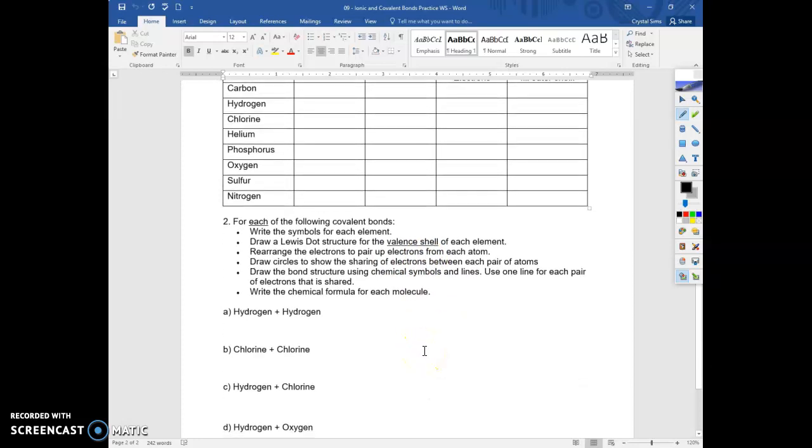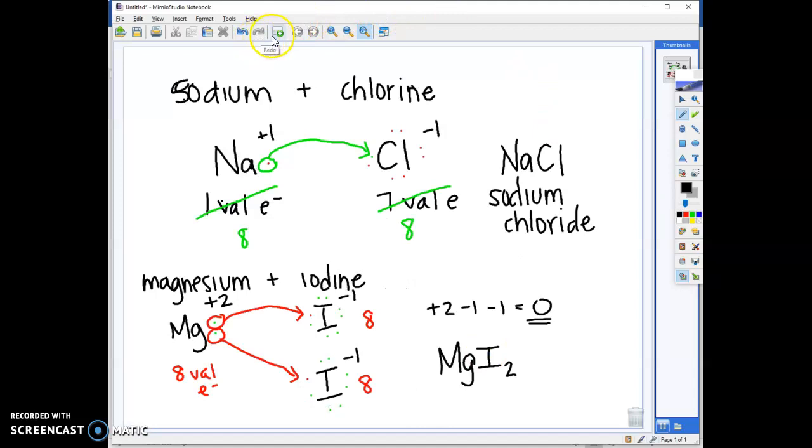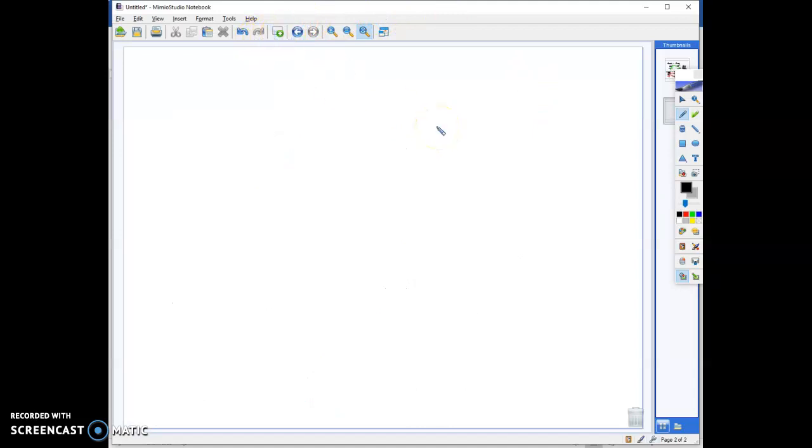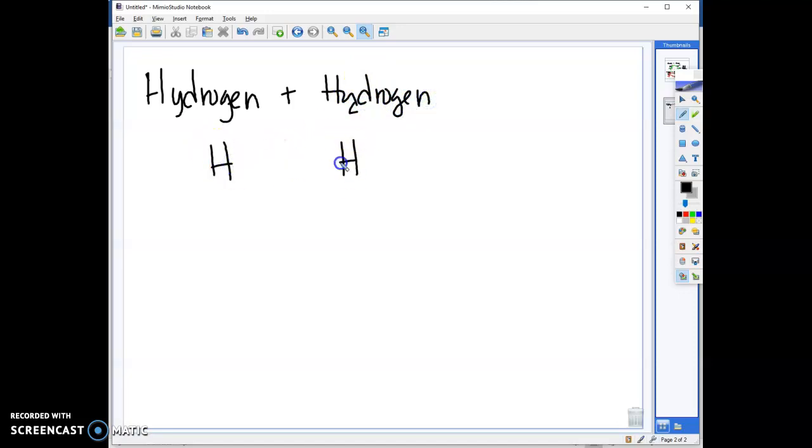So when we do the Lewis dot structures for our covalent bonds, they're very similar, but we're not going to use arrows to show the transfer of electrons because we're not transferring, we're sharing. So if we look at hydrogen and hydrogen, here's hydrogen, here's my other hydrogen.